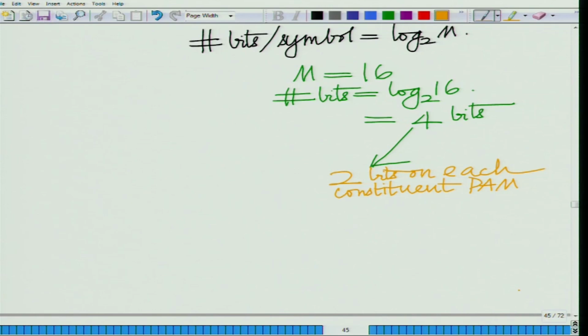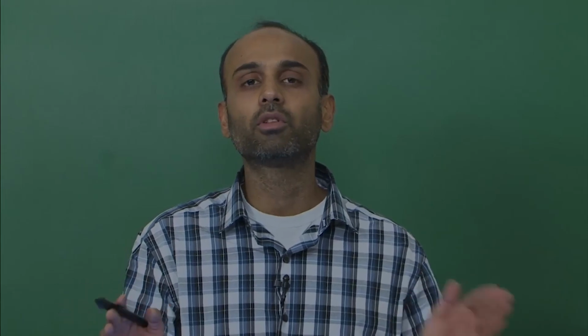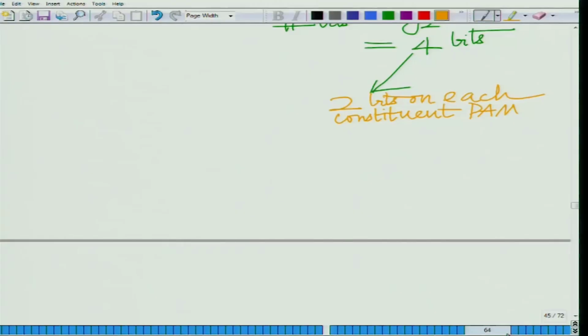Further, as I have said in the beginning of this module, QAM is a very general constellation, it is a very powerful constellation, because you can transmit individual PAM symbols on both the in phase and quadrature components, and it can scale. With M equal to 16 you get 4 bits, with M equal to 64 you get 6 bits per symbol, M equal to 256 you get 8 bits per symbol, 512, 1024 and so on. Okay. So, there are several different possibilities.